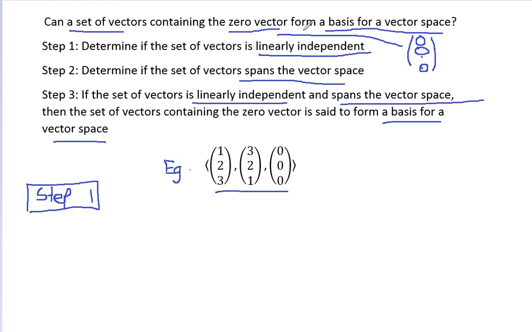So we can write a linear relationship between these vectors in this form.